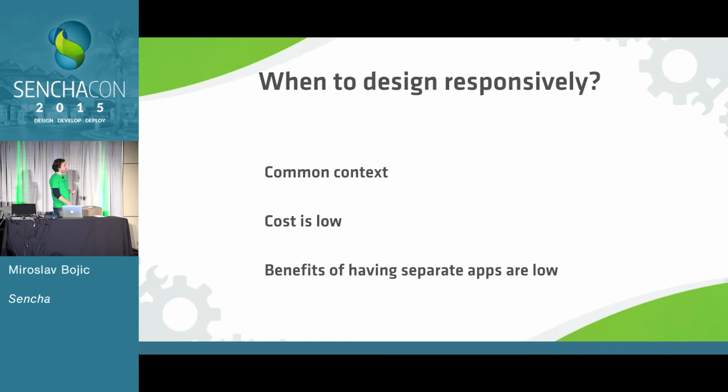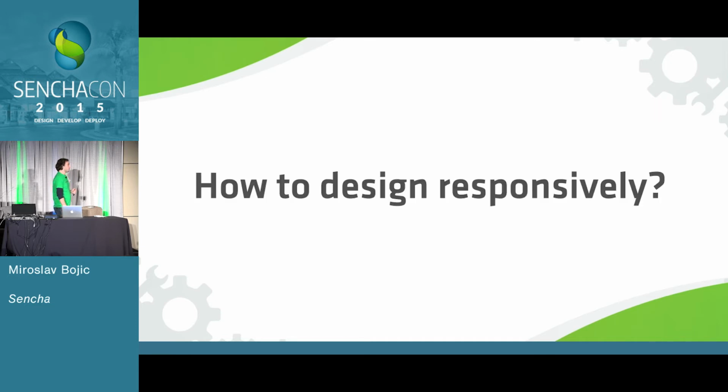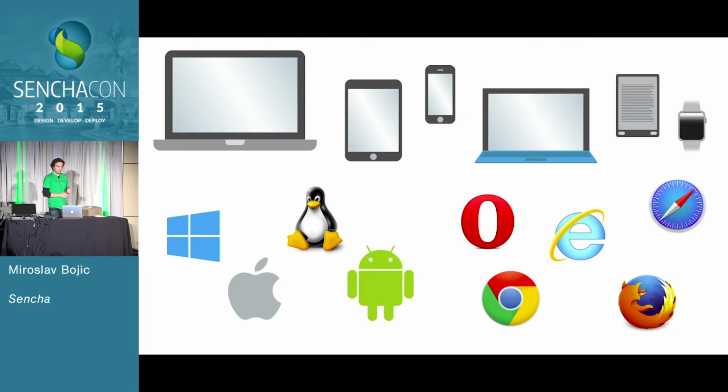So once we went over all these things, we get to the step: how to design responsively. And this is perhaps the most difficult thing. As a designer, you need to look at all these devices, all these operating systems and browsers, and come up with a design that will work across all these devices and provide a really, really good user experience.